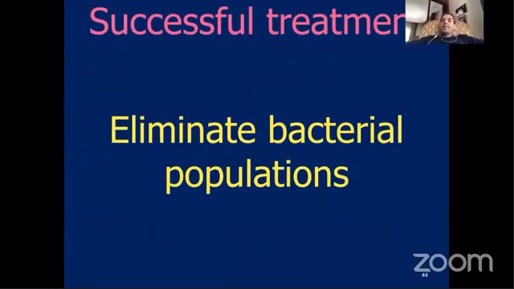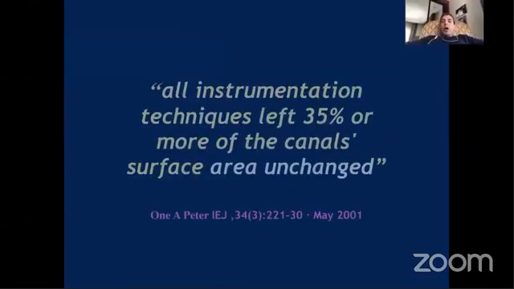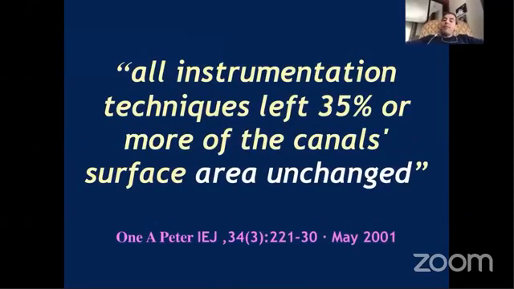So the successful treatment for periapical lesion: in the old days, we said we have to eliminate bacterial populations, and get rid of those microbes from the root canal system. But we discovered all instrumentation techniques will leave about 35% or more of the canal surface area unchanged.